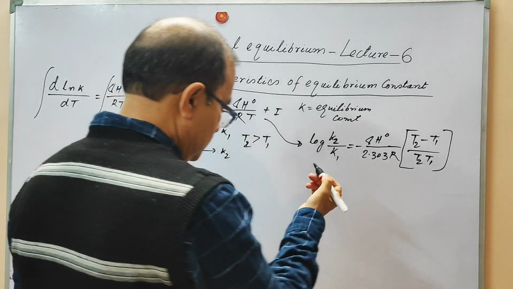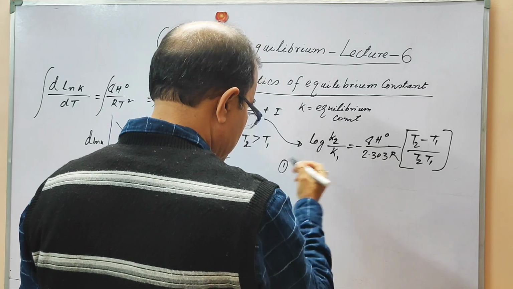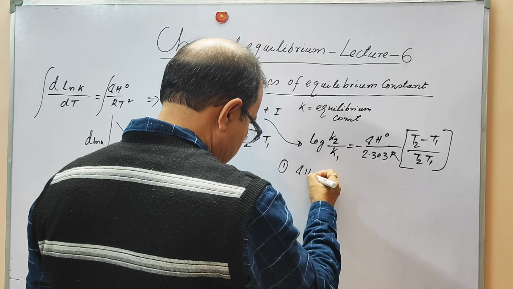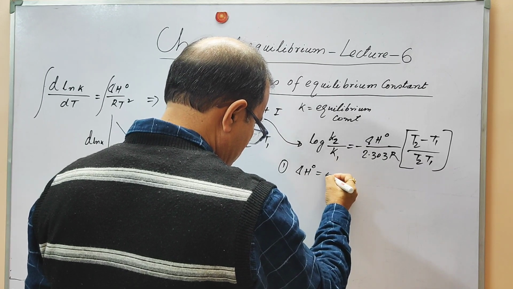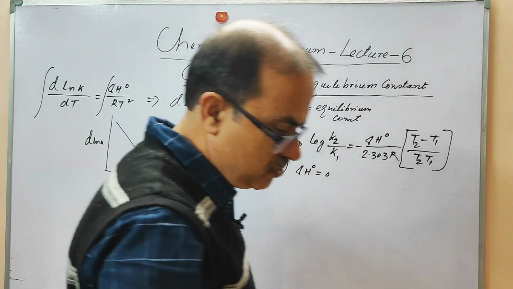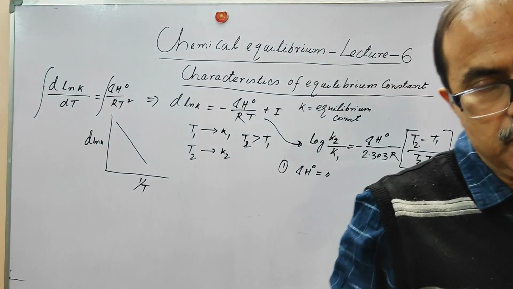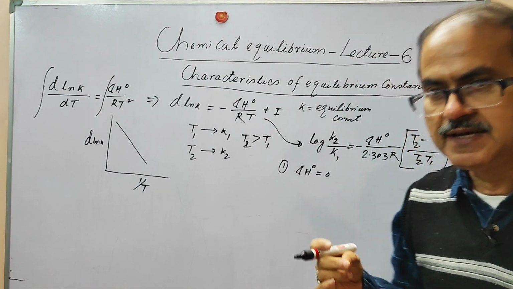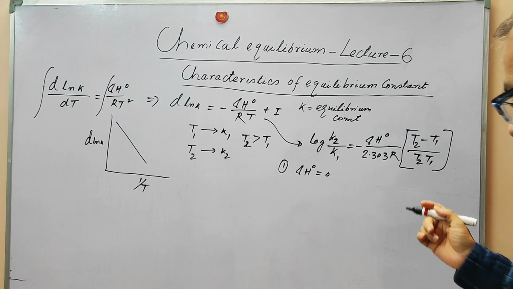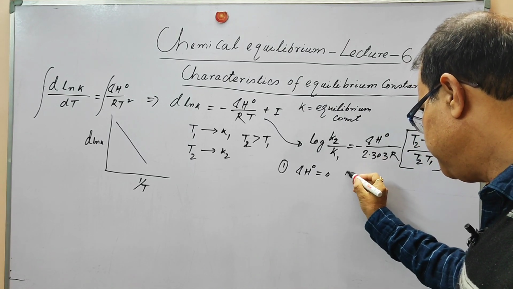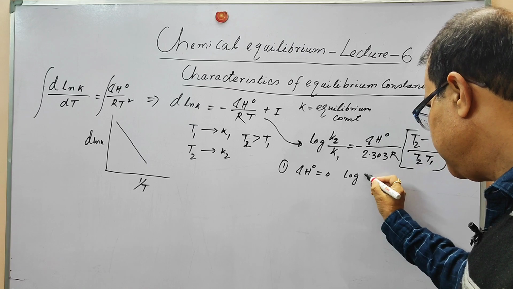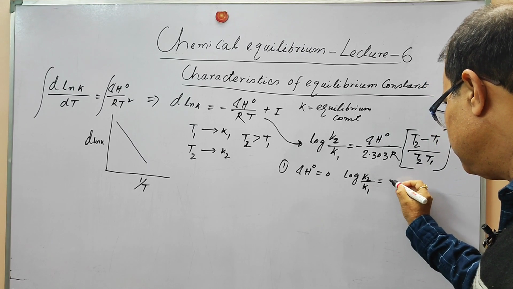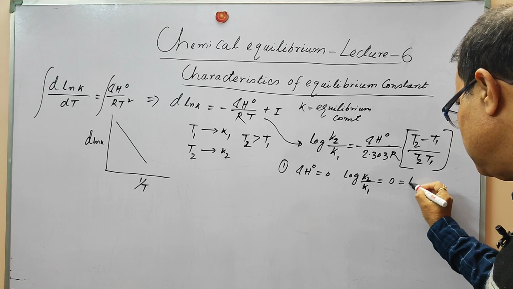Now let us analyze this equation. When del H0 is 0, that is when the reaction is going on and there is no change of enthalpy, meaning energy is neither evolved nor absorbed, at that time, if we put this figure, you will find log K2 by K1 will be 0, that is log 1.